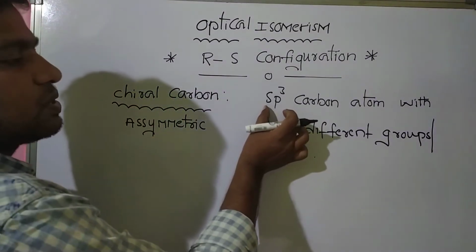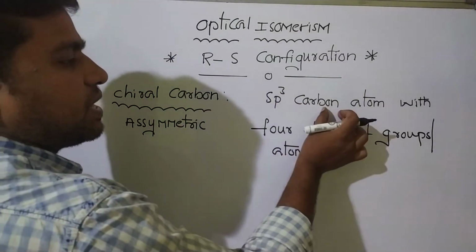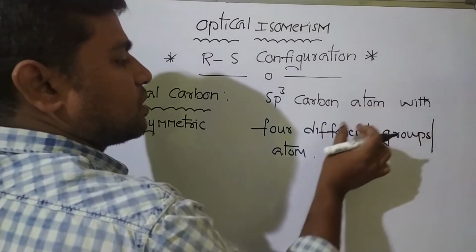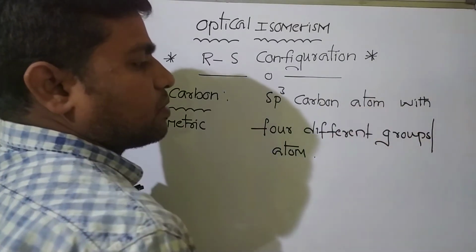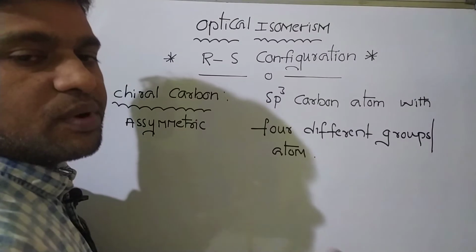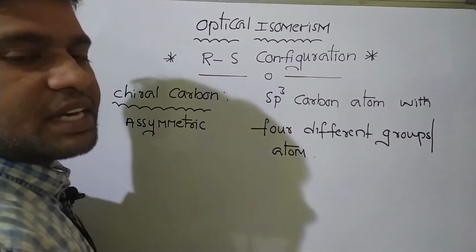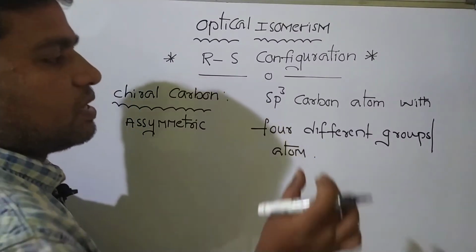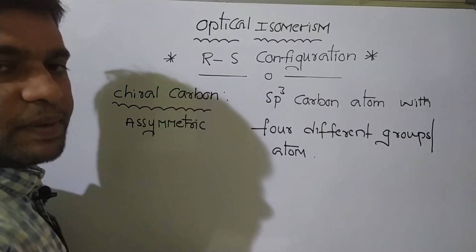Chiral carbon means the sp3 carbon atom with 4 different groups, means all the 4 valencies of the central carbon atom must be different. Then it is called chiral carbon.